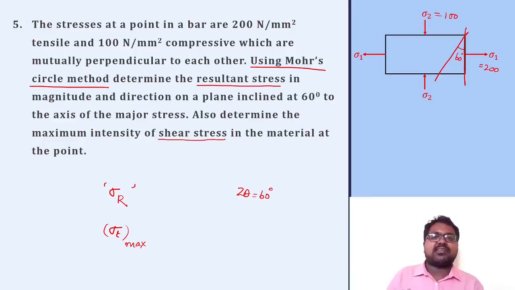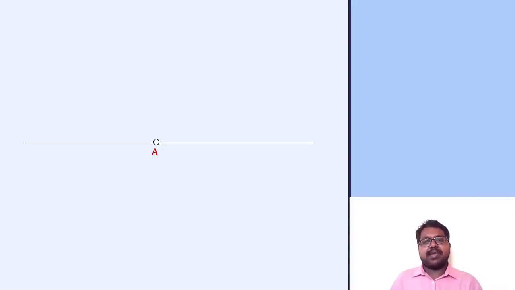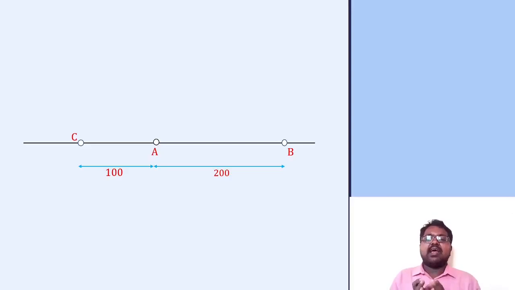Now we will see the process of drawing Mohr's circle for this case. First I draw a straight line and consider a point A. From this point I mark two points, B and C. AB equals sigma 1, that is 200 Newton per mm square, and since it is tensile, I take it on the positive side.